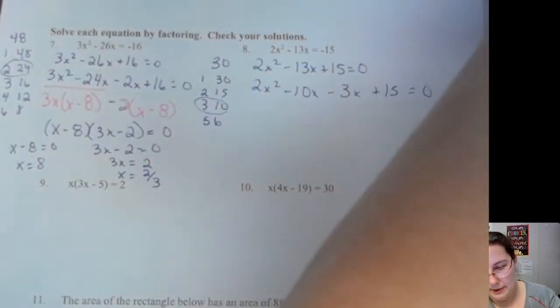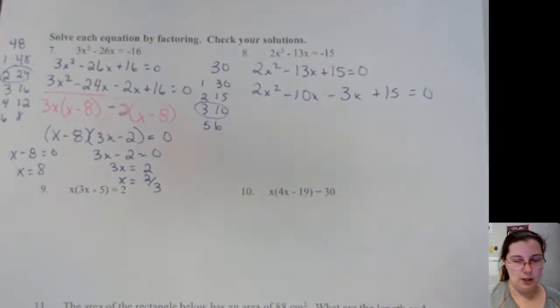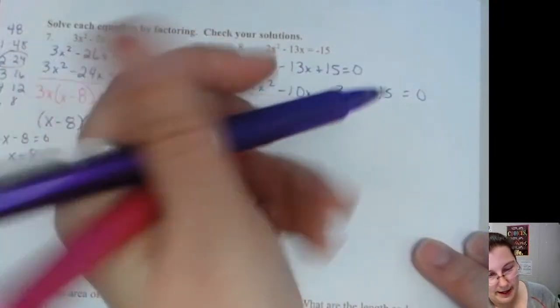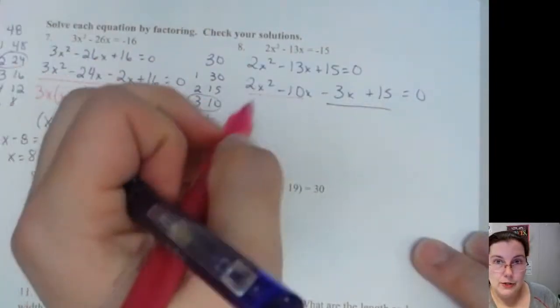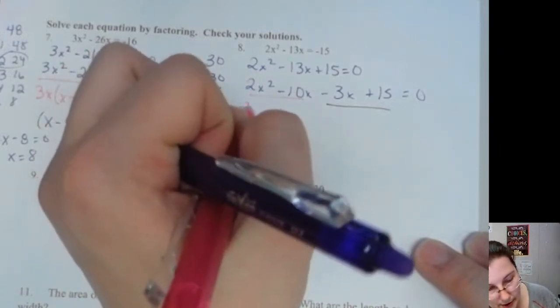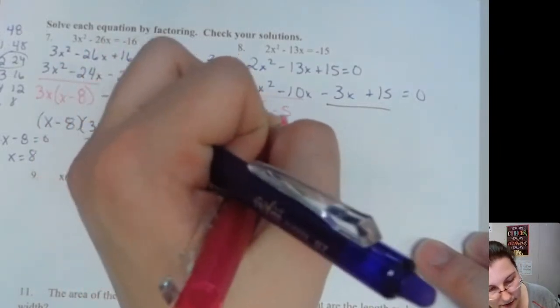So again, here when we split, I'm going to just change some colors around. If I do my first two and my second two, I can factor out 2x. So 2x comes out, leaves me with x minus 5.